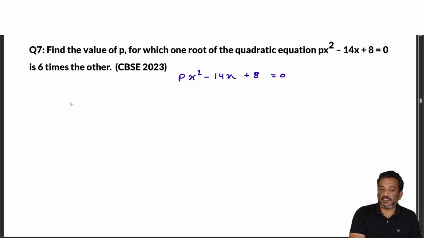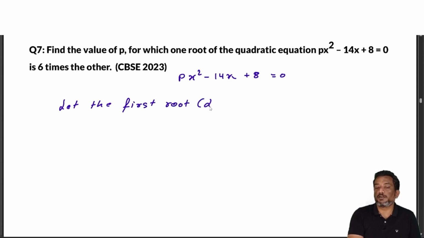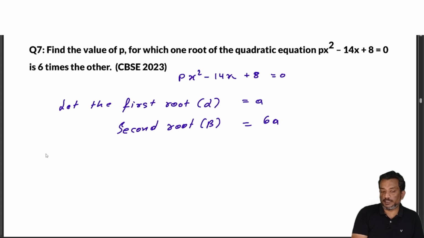Let the first root, alpha, be equal to a. So the second root, beta, is 6 times the first root, that is 6a.